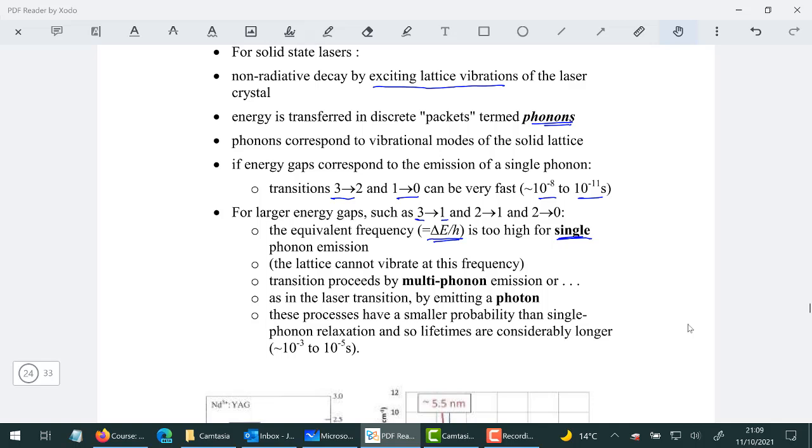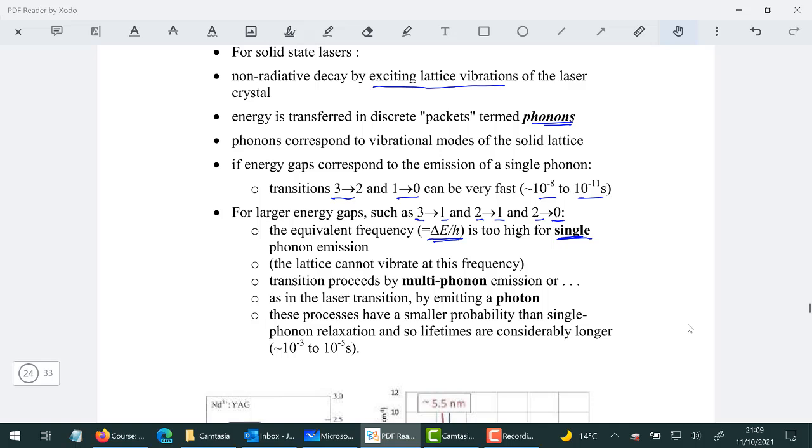So going from level 3 to level 1 is not as probable. So we don't have to worry about going from level 3 to 1. And similarly, we don't need to worry about going from level 2 to 0 because it's a big gap, and going from level 2 to 1, if we had radiationless transitions, then we wouldn't get any light out.